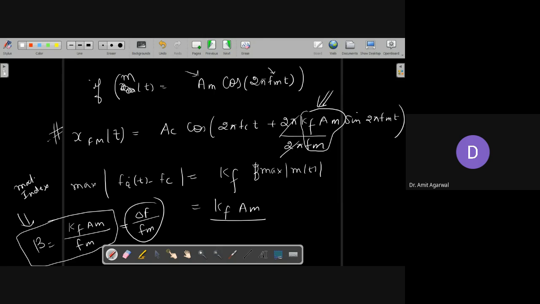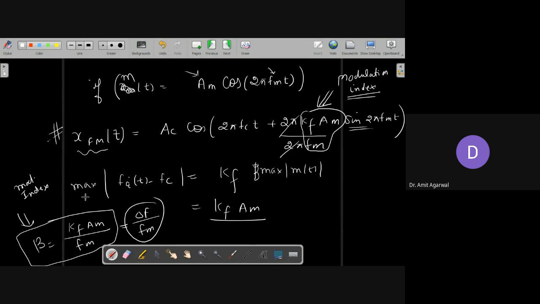This quantity is also referred to as modulation index, because it decides the depth up to which your message signal will affect your phase. See, if the value of this is more, then slight variation in the message will affect the total phase of your FM signal more, right? That is why it is called modulation index.